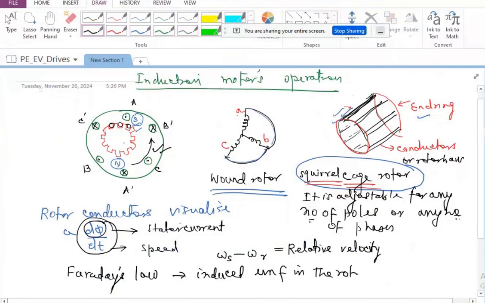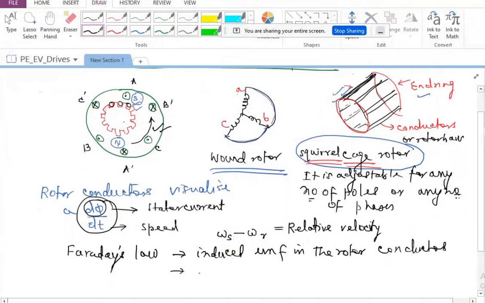If there is an induced EMF in the rotor conductors and they are already short circuited, there will be a circulating current in the rotor conductors.